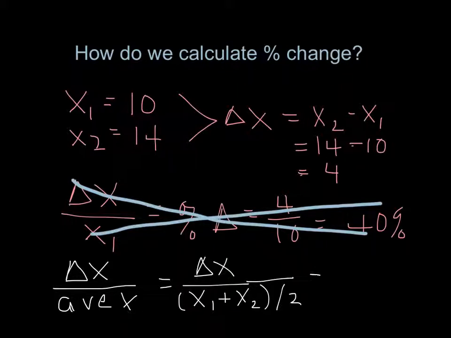In our example, our delta x is still 4, but our average x is going to be 10 plus 14 divided by 2, which is 24 divided by 2, which is 12. This is a very different percent change. We now have 1/3, or 33%. This is how we will calculate percent change when we're doing elasticity calculations.